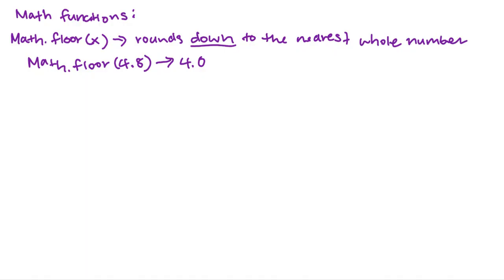It doesn't return an integer with our math functions. If we have math.floor of a negative number, like negative 4.1, that's going to go to negative 5.0. We rounded down to the nearest whole number. And we are returning a double.